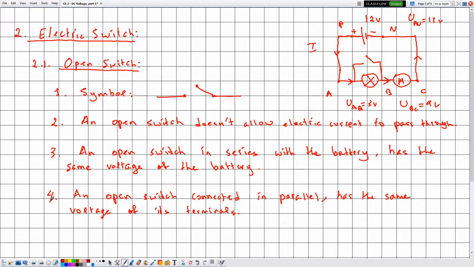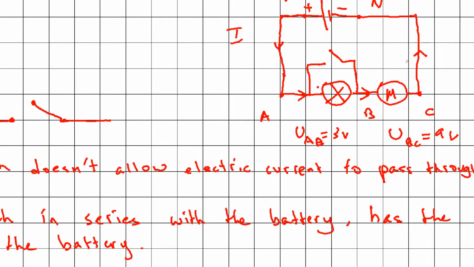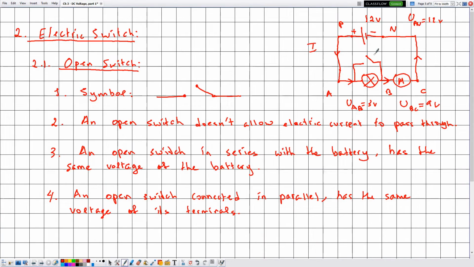Now they are telling me in idea number 4 that an open switch connected in parallel has the same voltage of its terminals. Now the terminals of the switch have the same voltage as the lamp, which is 3 volts. Then the voltage of the switch in this case is 3 volts. Now this is everything concerning an open switch.